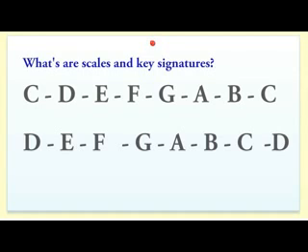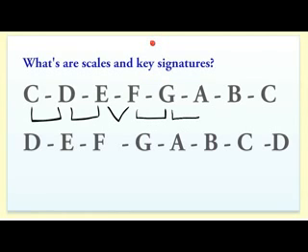Scales are constructed using whole steps and half steps. So if you remember back to our prerequisites, knowing what those are would be good. A whole step basically is 2 frets on the guitar. So we'll see a whole step between these, 2 whole steps, then a half step, another whole step, another whole step.